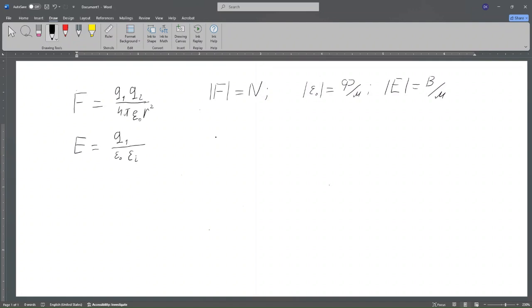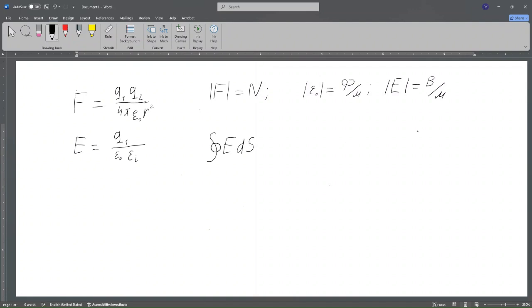And the next we can describe as an integral around the surface of the electrical field tension by dS.